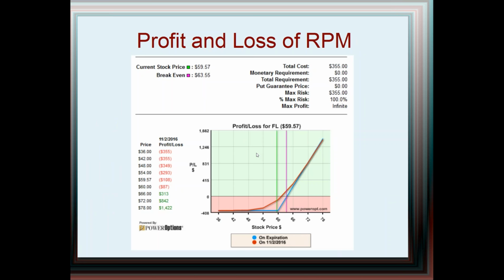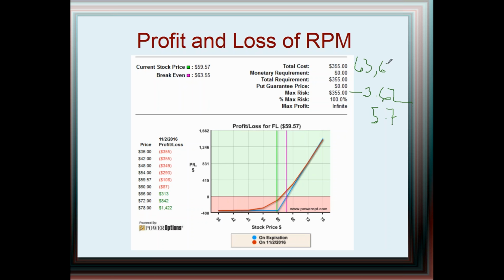Here's the profit and loss chart we saw of the, oops, sorry about that. It didn't update. It didn't save the last two, but here's the long call. We know what the risk-reward profile looked like. The risk would have been 362, a similar risk-reward profile, but the risk was only 5.7% of that $6,362 we invested.